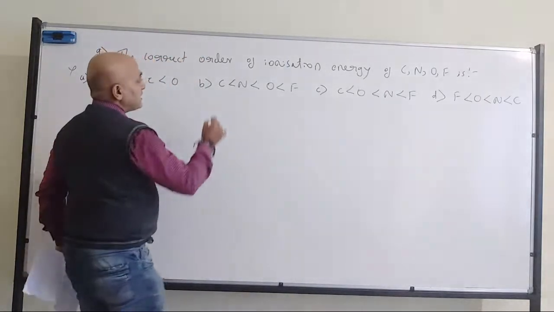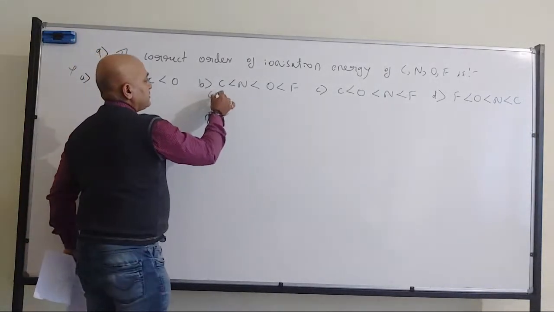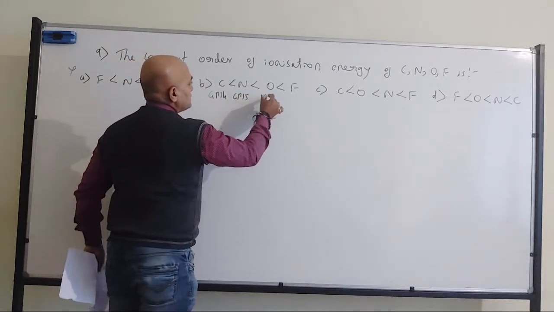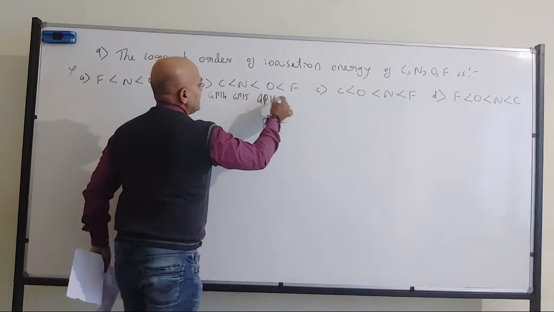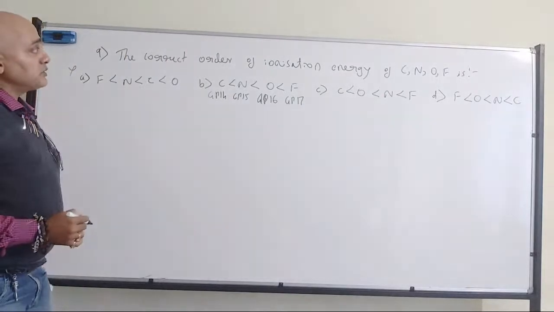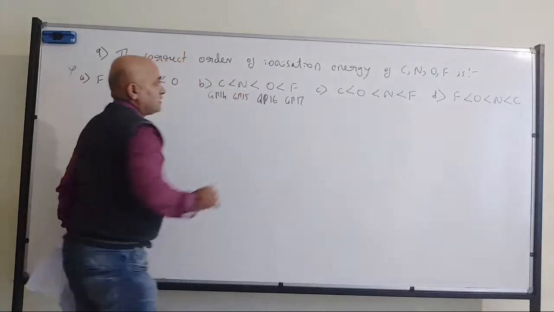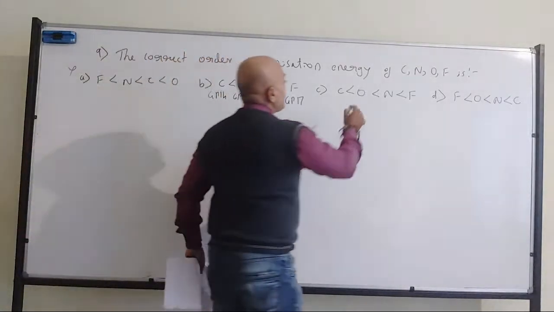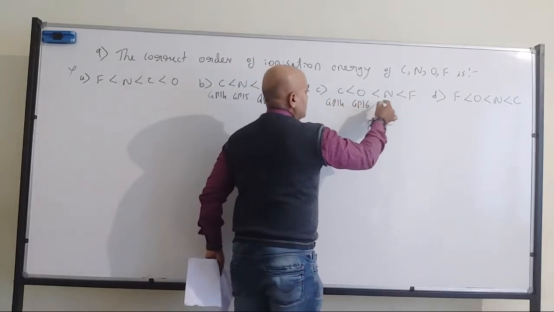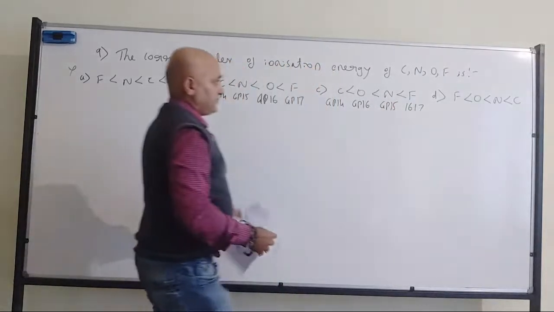If you observe, carbon belongs to group 14, nitrogen belongs to group 15, oxygen belongs to group 16, and fluorine belongs to group 17.